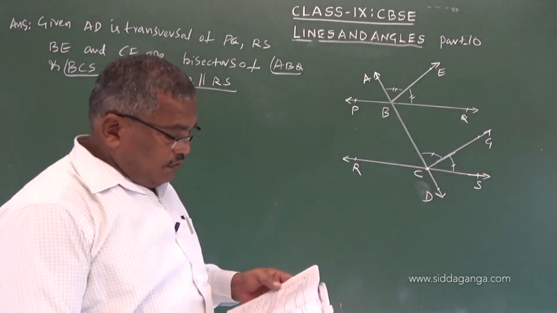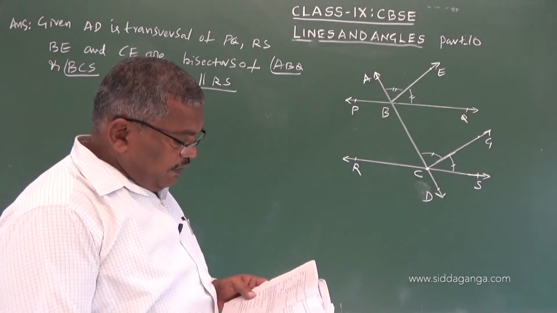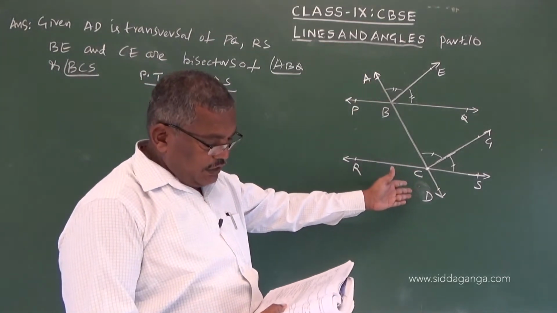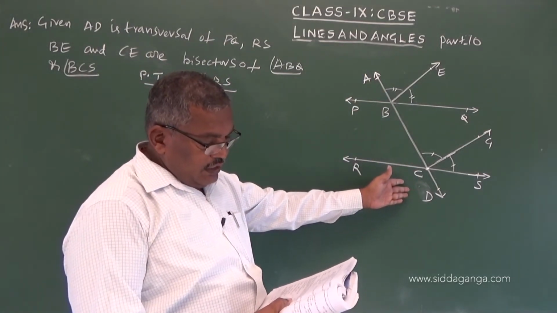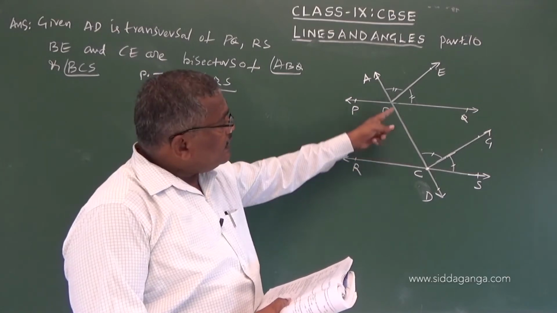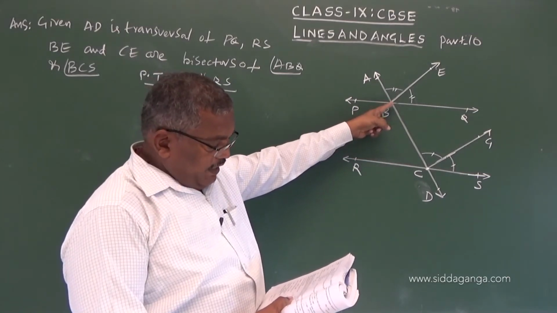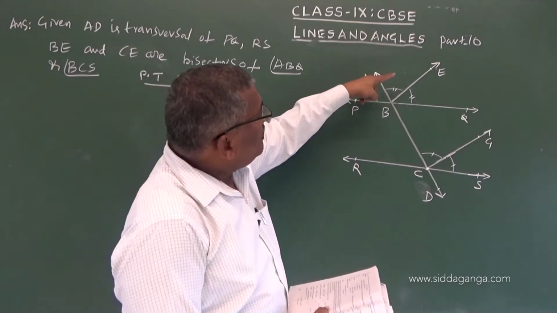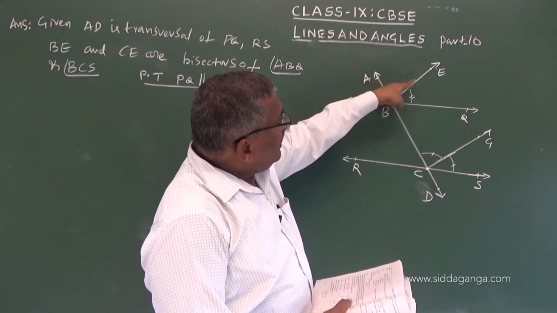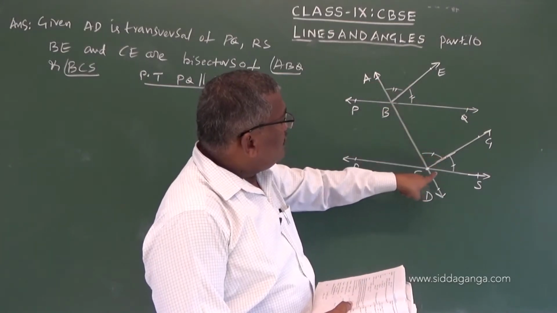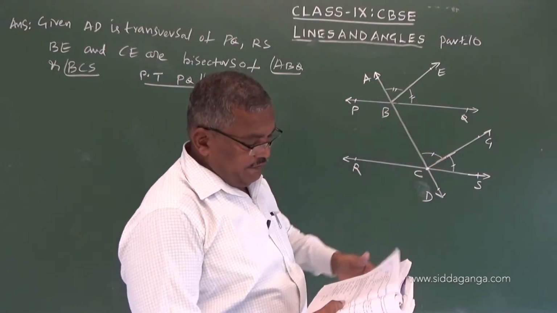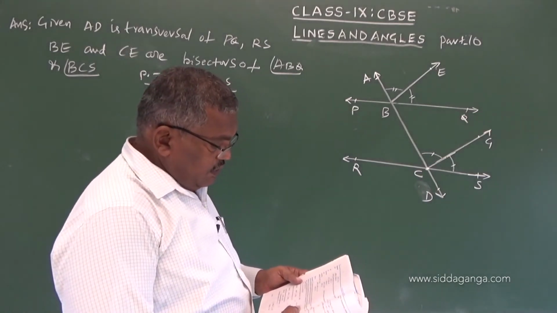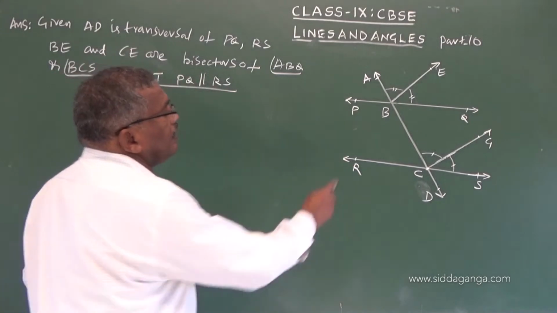So I will read out the question now. If a transversal intersects two lines such that the bisectors of a pair of corresponding angles are parallel. So here it is given BE and CG are parallel.